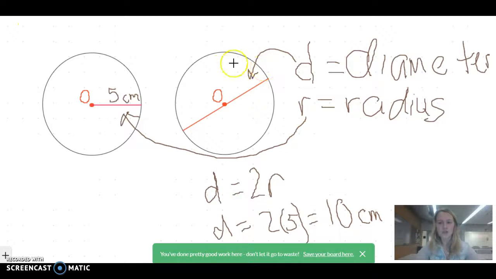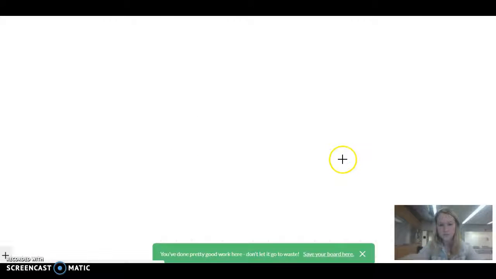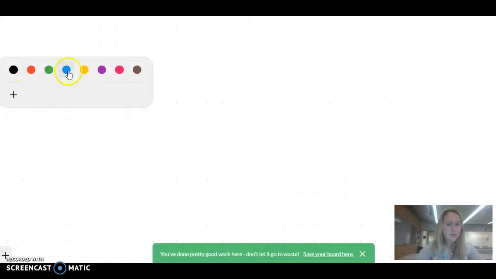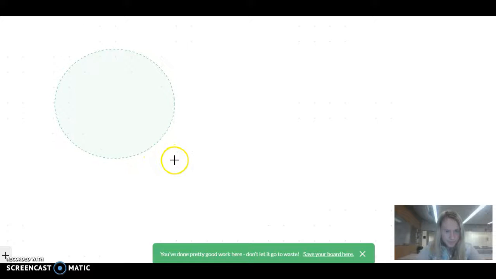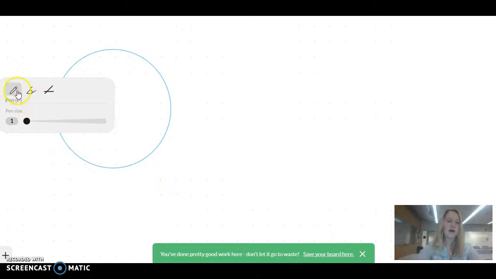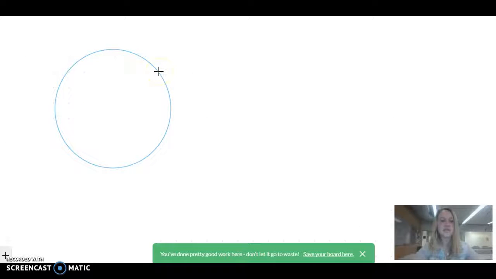Let's move on to some more complex terms. So let's clear this page. Now let's talk about circumference. Now, I'm going to put this in blue because blue is pretty. So circumference is defined as the distance around the outside of a circle.